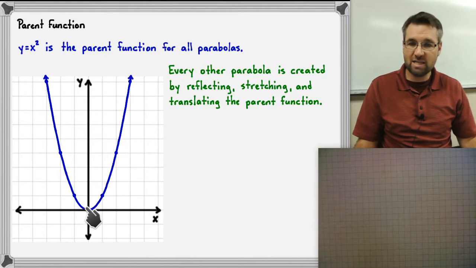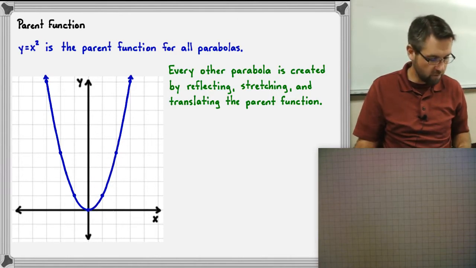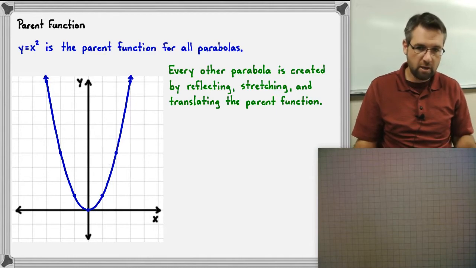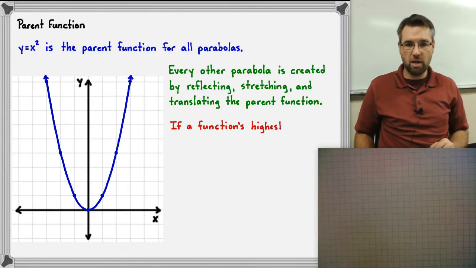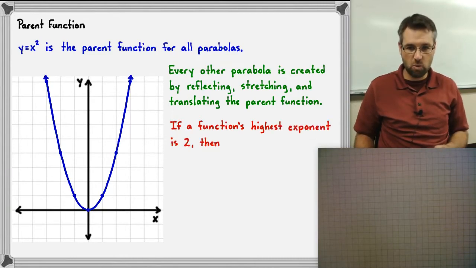I can reflect it, which means instead of it looking like a U that opens up, it could be upside down, so it opens down, so maybe it looks like an N or something, right? So I could reflect it. And then I can stretch it, so I can make it skinnier or wider by taking these points and stretching them up or pushing them down, okay? So every other parabola is a result of the parent parabola, or the parent function y equals x squared, okay?